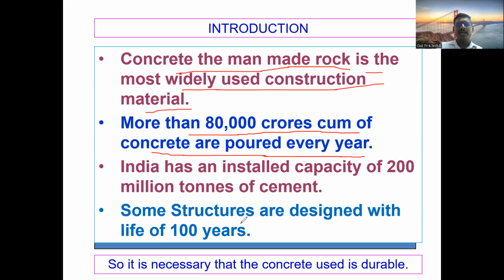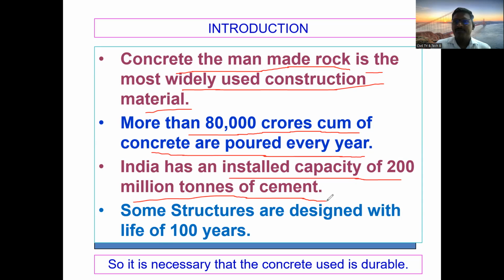And in India, the installation capacity is 200 million tons of cement, as we have discussed in unit number 1. So India is the second largest country in the world manufacturing cement every year.